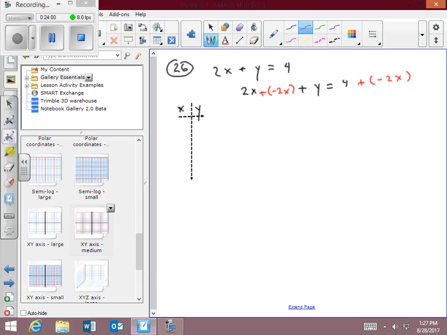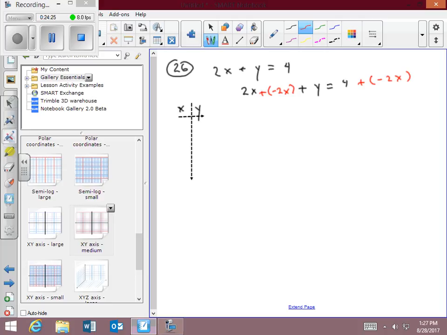The additive inverse, when you add a number and its additive inverse together, what do you always get? 0. That's the definition in mathematics. Additive inverse is something when you add them together, you get 0. Well, 2x and a minus 2x are additive inverses.